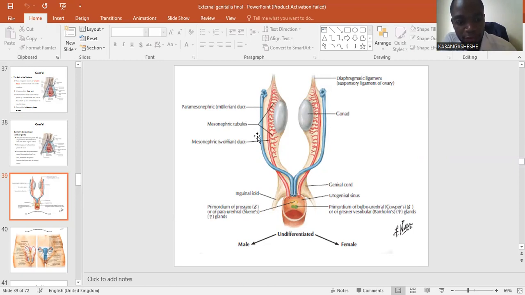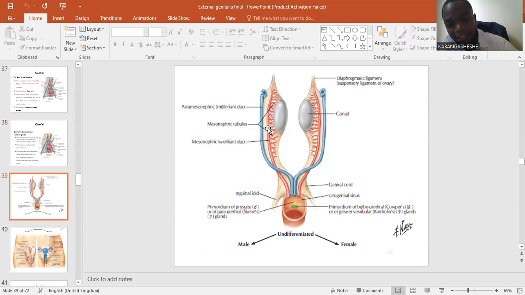It will not grow, because if this duct grows, it will give us female reproductive organs. If the fetus is female, the Wolffian duct, which is male, should die and allow the Mullerian duct to progress and develop and give us female reproductive organs.